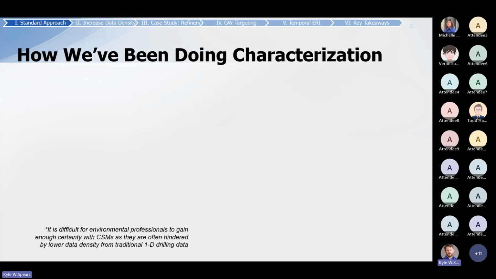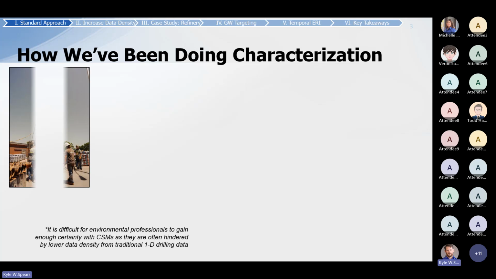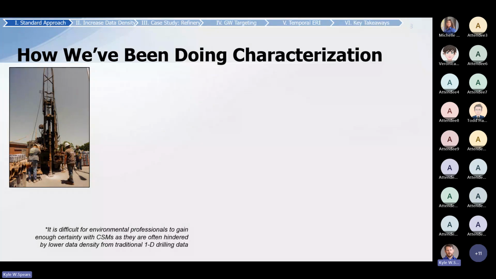All right, so if we think about how we've been doing characterization, whether that's for groundwater resources or environmental remediation, a site or a project comes to our desk. We need to figure out the subsurface. The first thing we're going to do is deploy a rig.